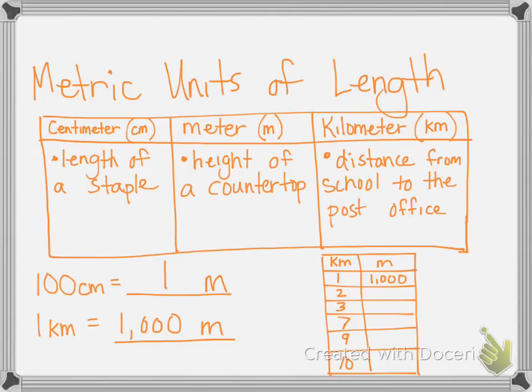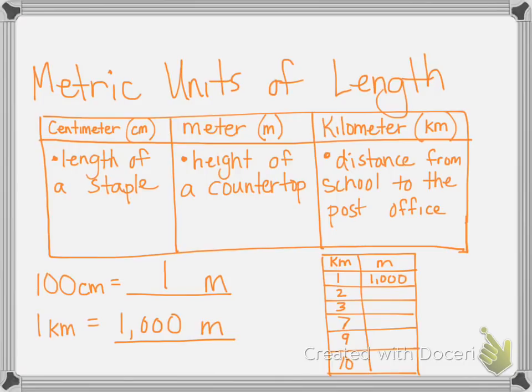So if I were to lay 1,000 of those meter sticks down right in a row next to each other and make a path right to the post office, I'm estimating that there would be 1,000 of them. Plus or minus a few, because I've never done it before, I don't really know. 100 centimeters in a meter and 1,000 meters in 1 kilometer.